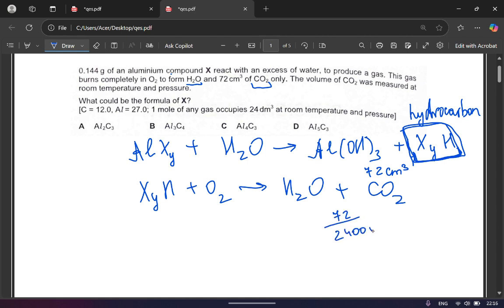To do it, we use the formula number of moles equals volume divided by 24 dm cube. But since here we are given 72 centimeters cubed, we just convert 24 dm cube into centimeters cube to make the calculation more accurate. And here we have 0.003 moles of carbon dioxide.